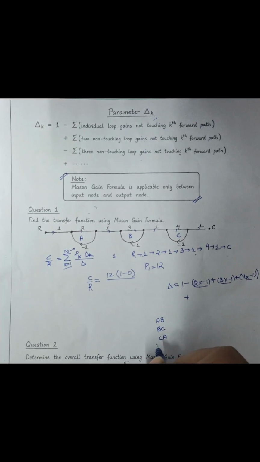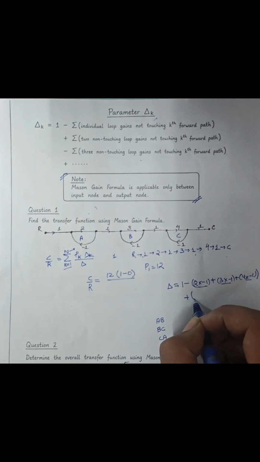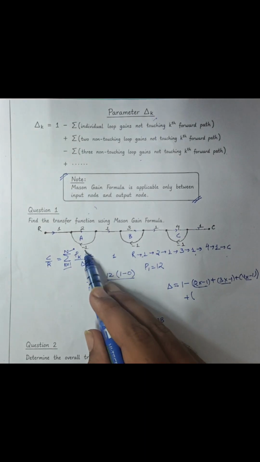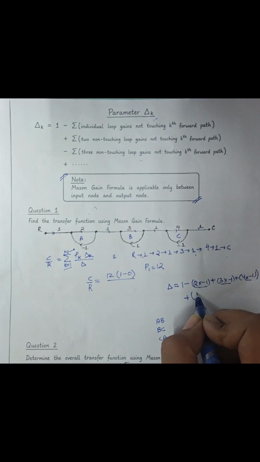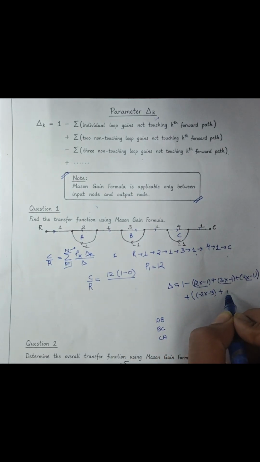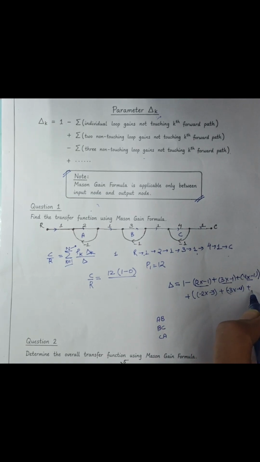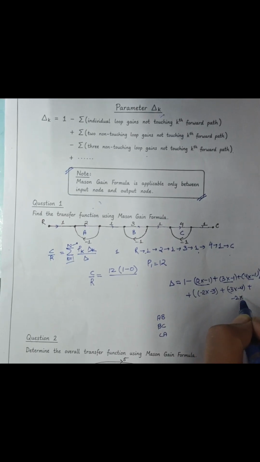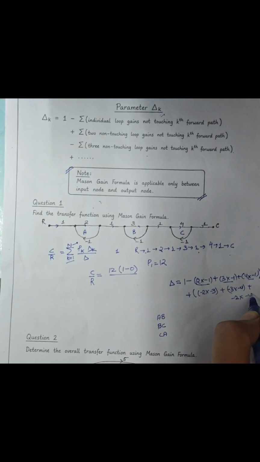CA loops are also not touching. So there are 3 pairs of loops that are not touching each other. What is the gain here? Minus 2. What is the gain here? Minus 3. So minus 2 into minus 3, plus minus 3 into minus 4, plus minus 2 into minus 4.